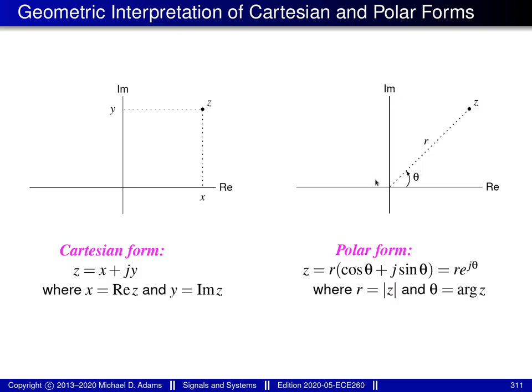The figure on the right illustrates the polar form of the complex number. So we have some complex number z. The magnitude of the complex number, which is denoted by r in this figure, is the distance from the origin to the point z in the complex plane. And the argument of the complex number is this angle here. It's the angle between the positive real axis and the vector from the origin to z.